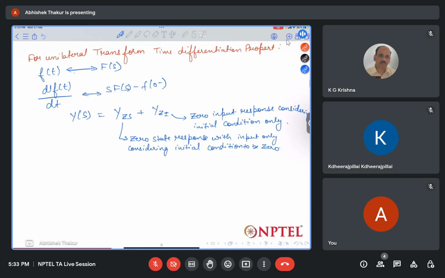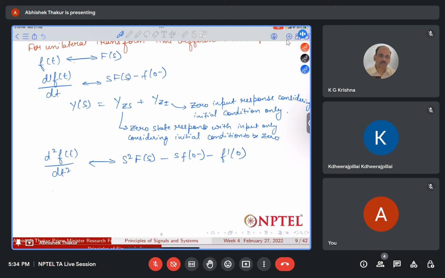And if the derivative is of higher order, like d square f(t) by dt square, then for the unilateral transform it will be s square F(s) minus s f(0) minus f dash 0.